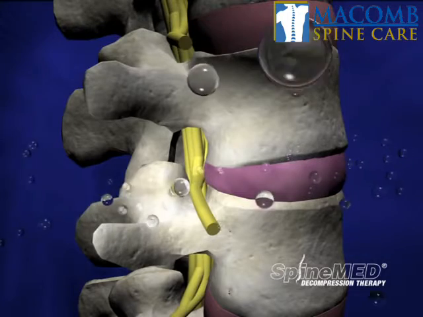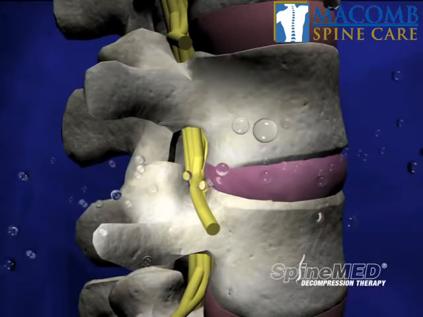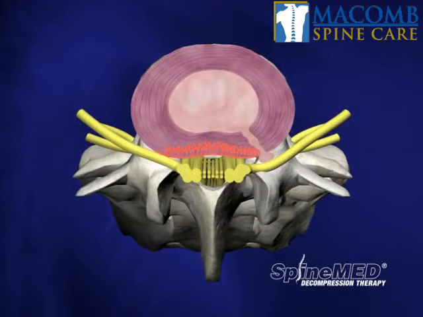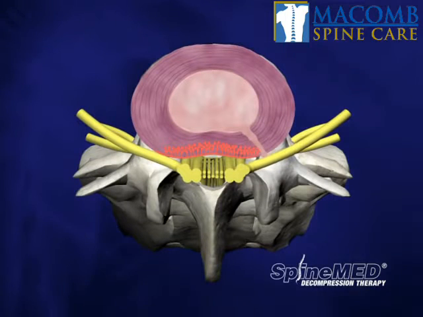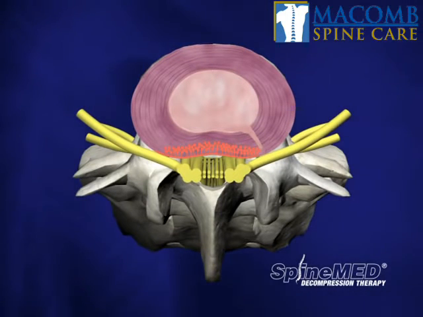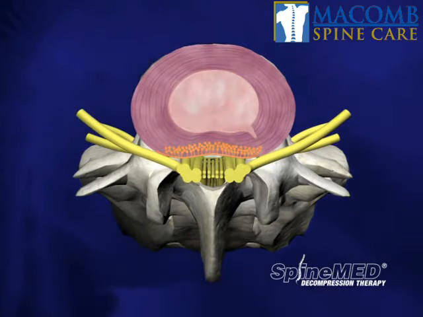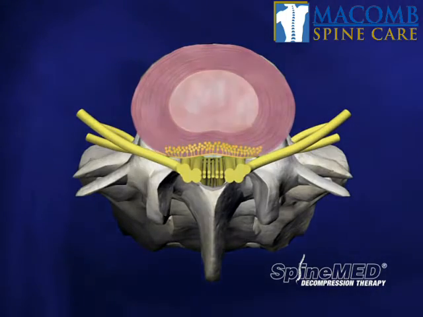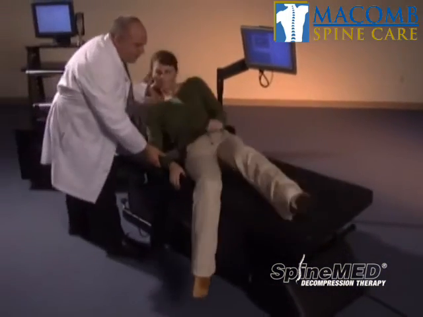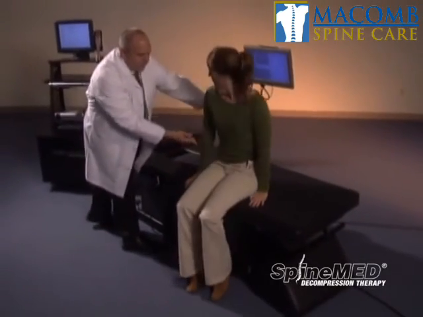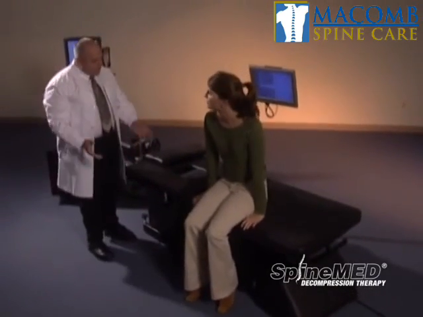Furthermore, reduced pressure helps the disc draw in the fluids and nutrients necessary for proper hydration and disc height. Following a care plan of approximately 20 SpineMed treatments, patients may realize a cumulative effect that significantly reduces lower back or neck pain, and all without the use of drugs or surgery.